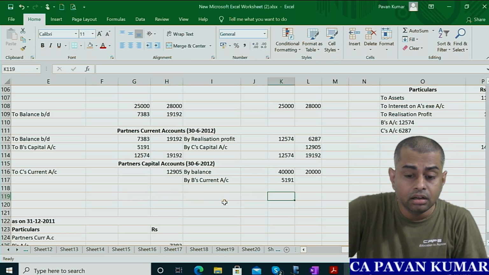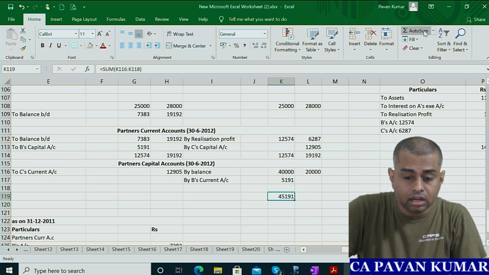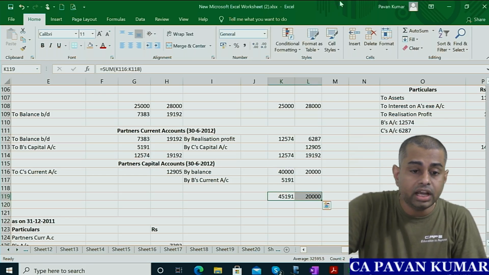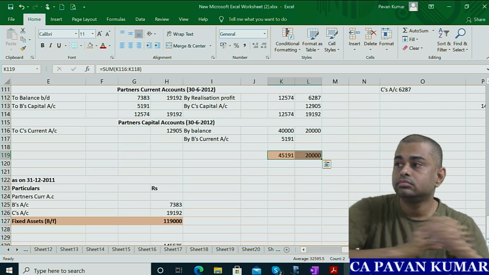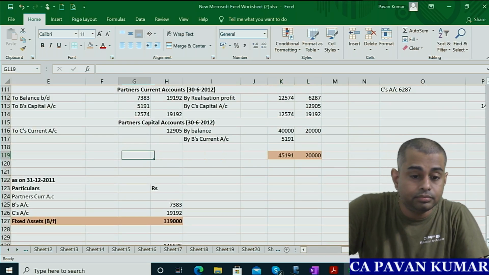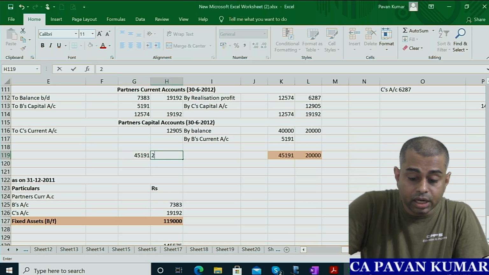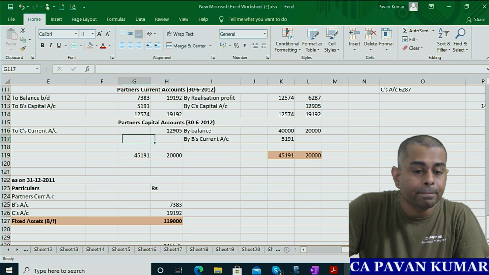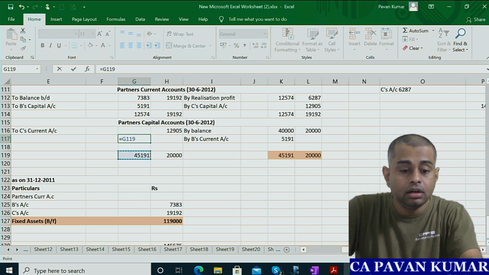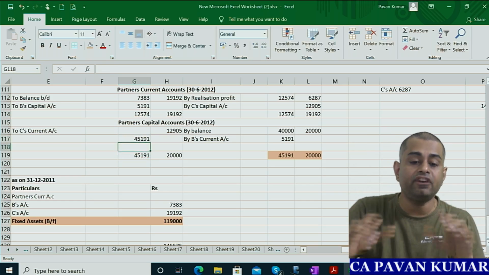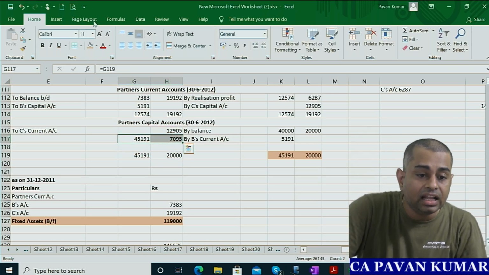Add these two numbers: 45,191. Add this 20,000. So here you will come to know whether you have solved the problem correctly or wrongly. Take 45,191 here and 20,000 here. First do the balancing: this minus 0, 45,191. Here it is this minus 12,905. These are the balancing numbers.